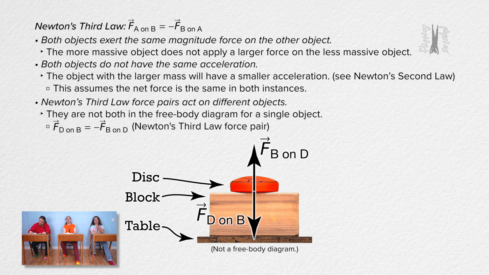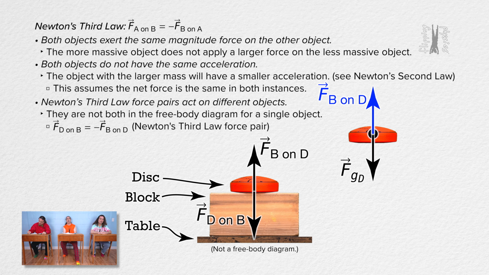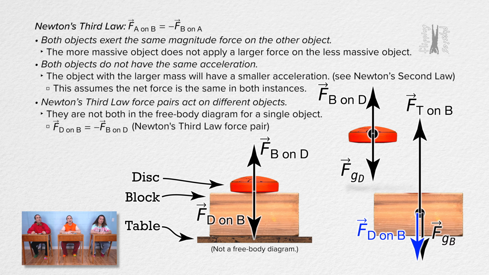For example, the free body diagram of the forces on the disk are the upward force the block exerts on the disk, or the normal force from the surface on the disk, and the downward force of gravity acting on the disk. And the free body diagram of the forces acting on the block are the downward force from the disk on the block, the downward force of gravity on the block, and the upward force from the table on the block, or the normal force from the surface on the block.